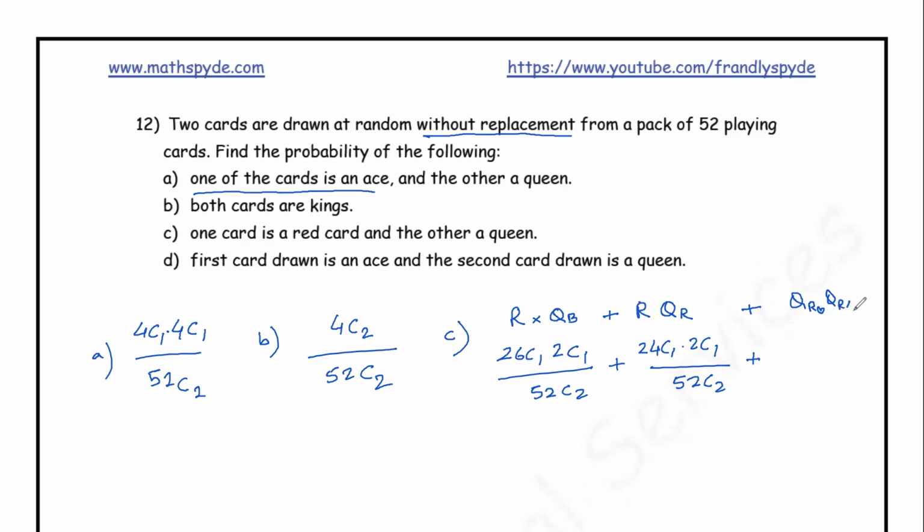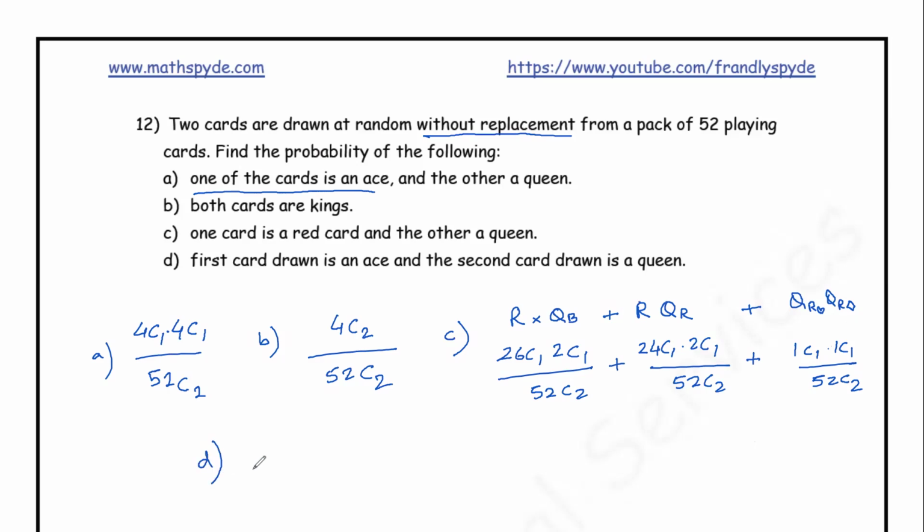So then you have 1 C1, 1 C1 upon 52 C2, like that. You got it? So basically, this would be red heart with red diamond. So that's your answer for C.